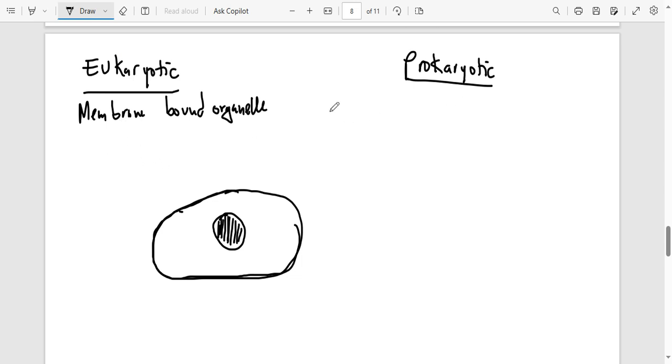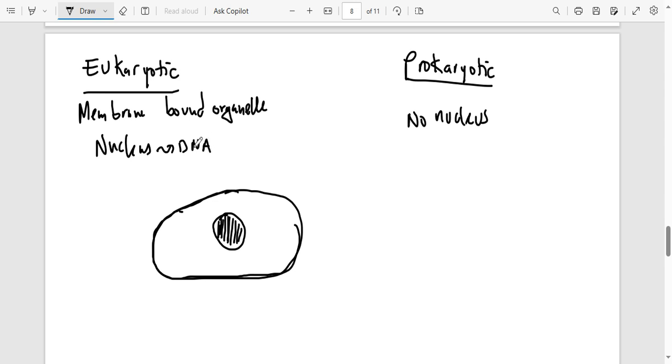The other thing is that a eukaryotic cell has a nucleus. A prokaryotic cell has no nucleus. This is one important difference between a prokaryotic cell and a eukaryotic cell. Every time you are differentiating them, you are going to be able to mention that. Now remember from high school, the nucleus contains DNA.